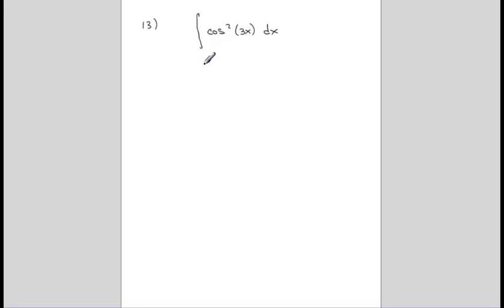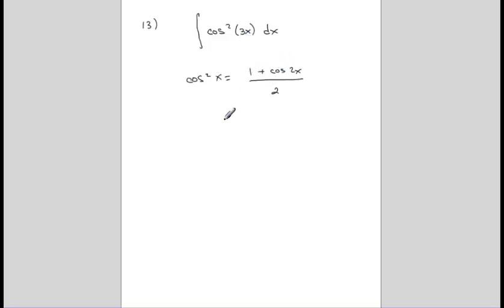You have two power reducing formulas, cosine and sine. So the formula that we're going to use is the cosine squared of x is equal to 1 plus the cosine of 2x divided by 2. And in this case, x is really 3x.